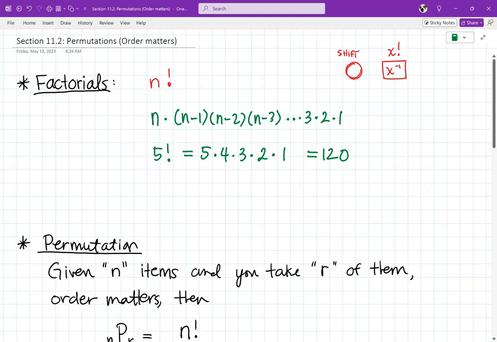So press 5 and then Shift to x to the -1. It'll bring out a little exclamation mark. Hit Enter, and it should give you 120. Unless your calculator is different, but did it work for you? Yes. Okay. So some calculators you need to find it within menus and stuff like that. But there you go.